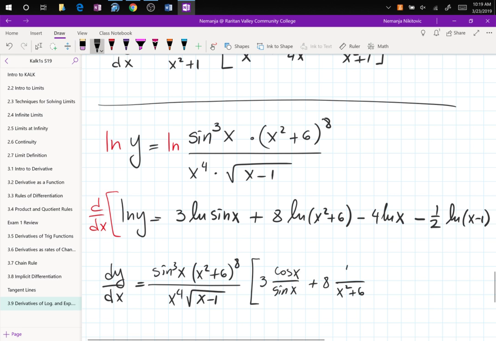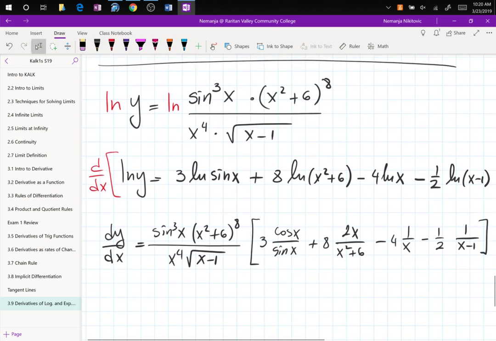Control C, Control V, 2x on top, minus 4 times 1 over x, minus 1/2, Control C, Control V, so x minus 1, and then 1 on top, and now you just fix it.